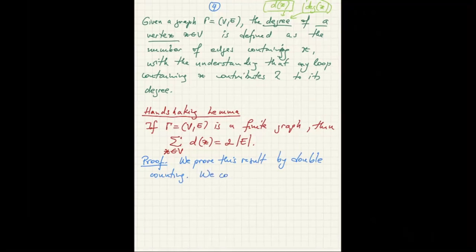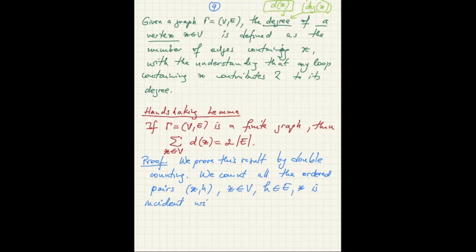We count all the ordered pairs (x, h), where x is a vertex, h is an edge, and x is incident with h.